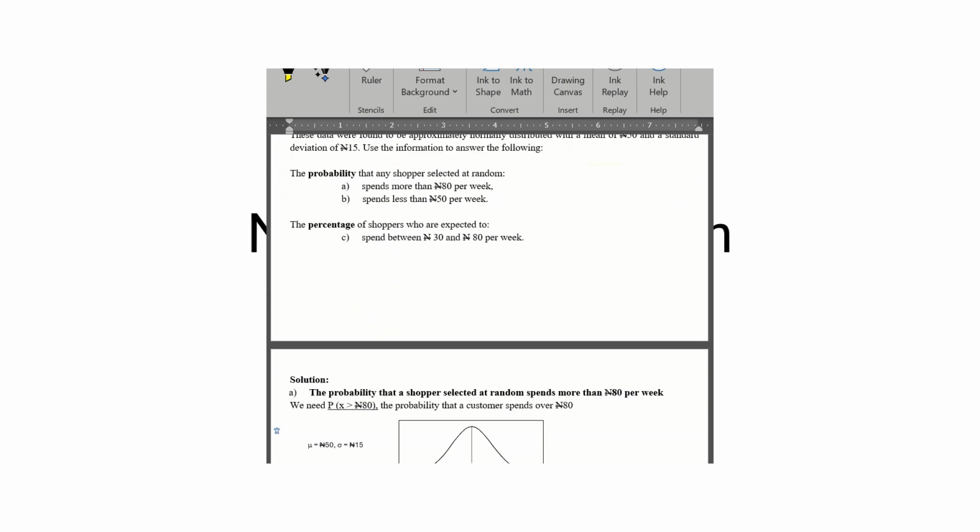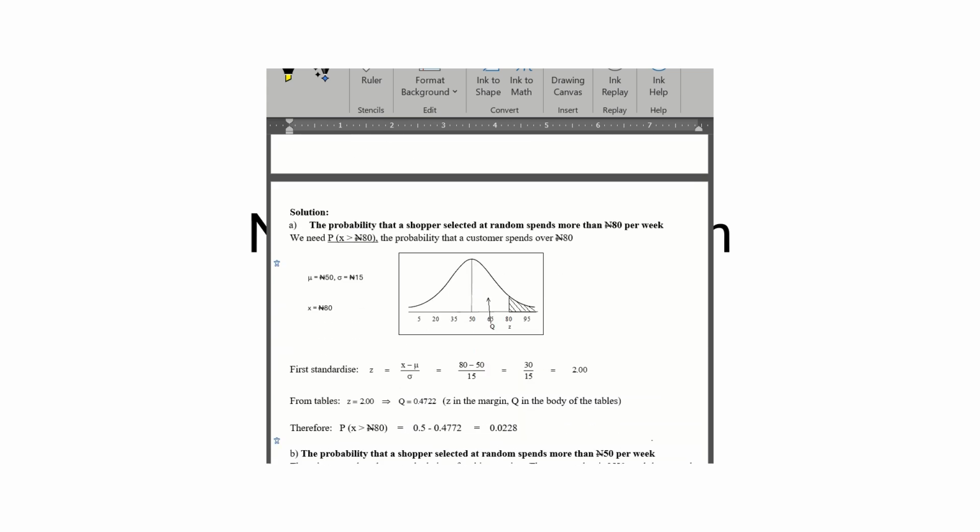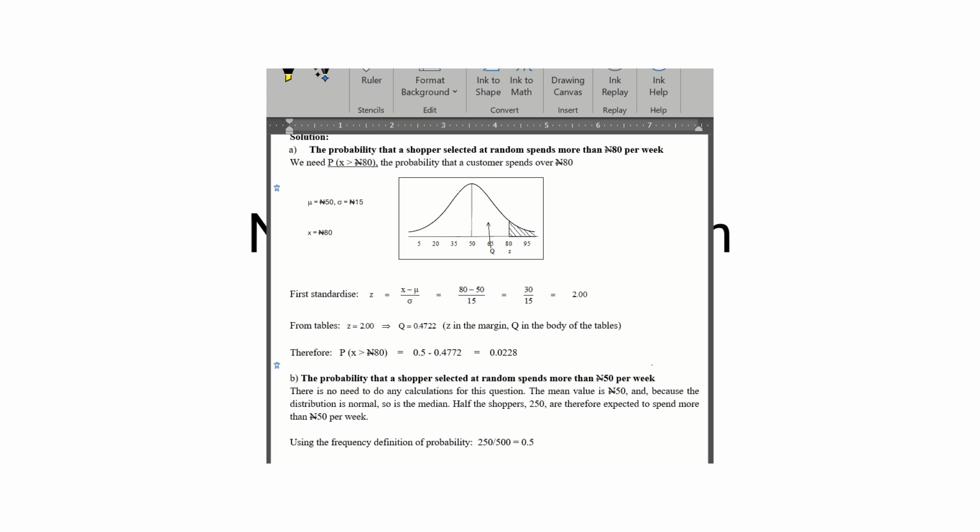So anytime you are having more than or less than, you know it's going to go the other way around, from 80 above or from 50 below, or between 30 and 80, as the case may be. So now for this first question, you sketch out the situation. This is the sketch, and this is the middle, this is the mean.